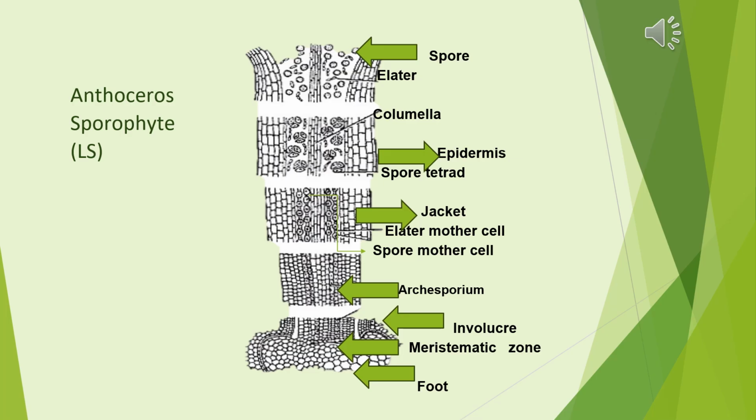You can see here the epidermis, jacket, the columella, and archesporial area in different stages of development. The spore mother cell and elater mother cell is clearly seen. Still higher up, the spore tetrads and elaters, and lastly at the top, free spores and multicellular elongated pseudoelaters.